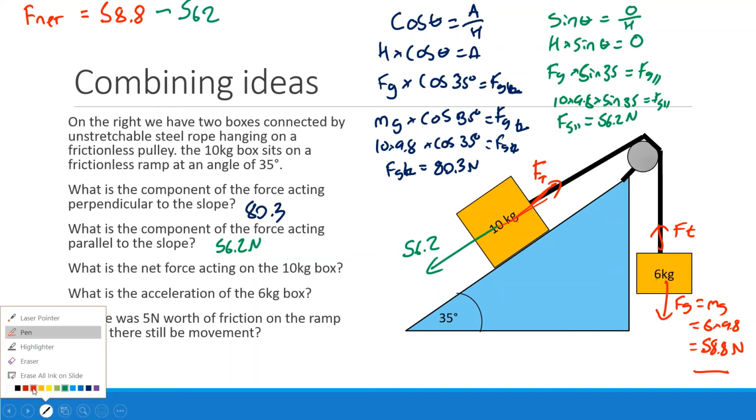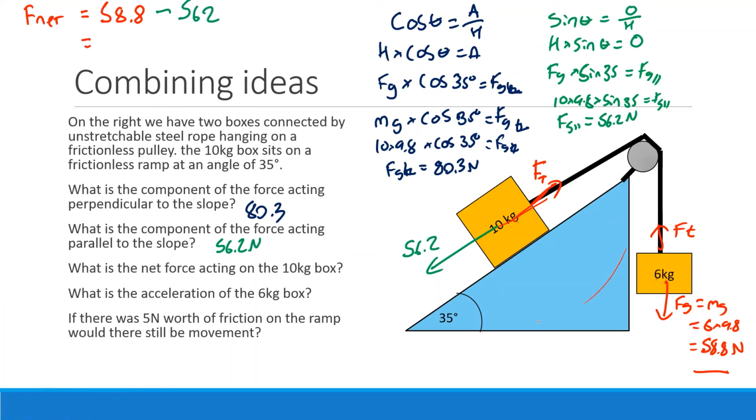That gives me the net force acting on the whole system: 58.8 minus 56.2 equals 2.6 newtons. And you say, oh, but that's the same number I just put here.